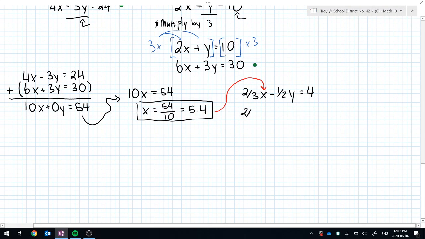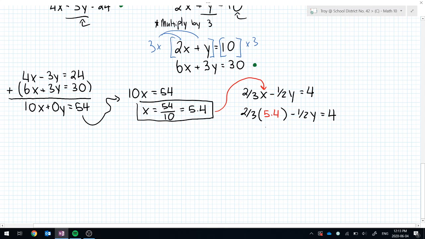So we'll get 2/3 times 5.4 minus 1/2 y equals 4. And if we do the math there, we'll simplify all of that.